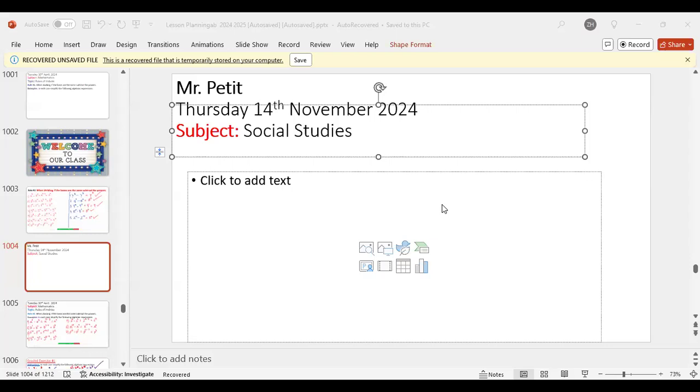What is the name of the ship that got shipwrecked when he was heading to Hispaniola? Santa Maria. Very good. And what was the name of the fort that he built? La Navidad. Very good.